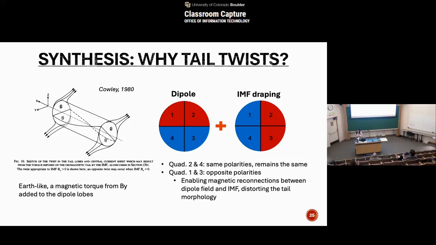That's where magnetic reconnection is most likely to occur. So after reconnection, it introduces magnetic torque to the tail configuration. That's how it twists the tail lobe clockwise or counterclockwise.